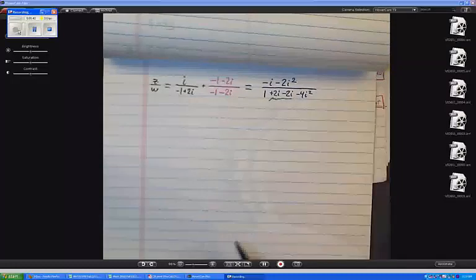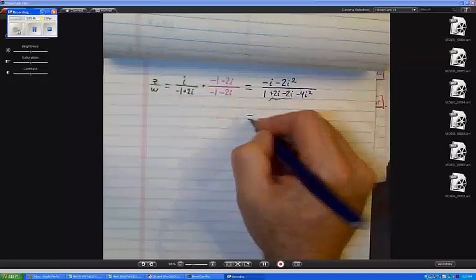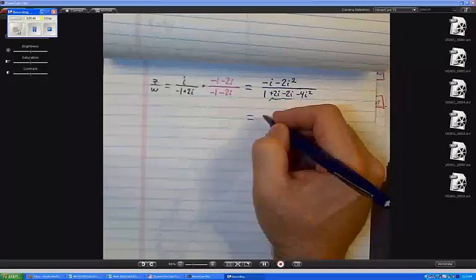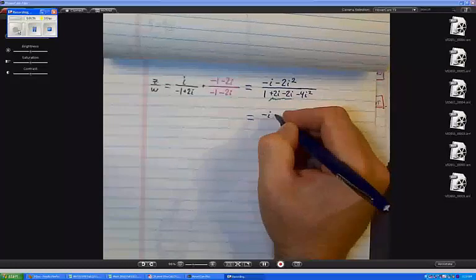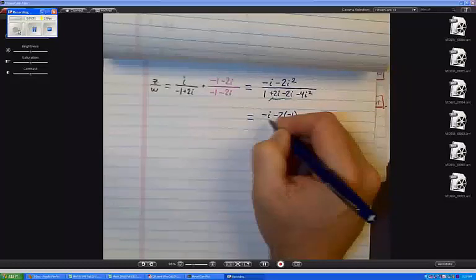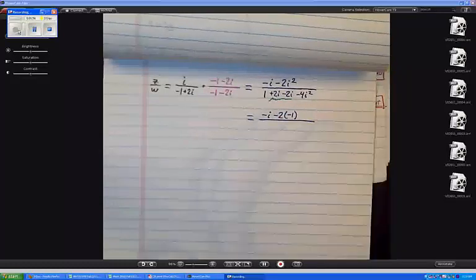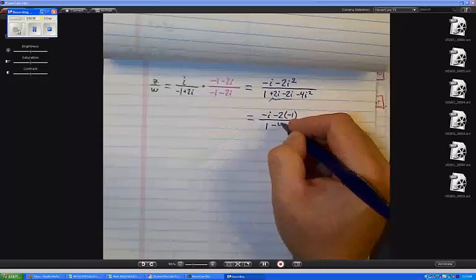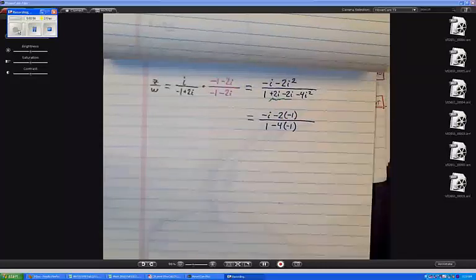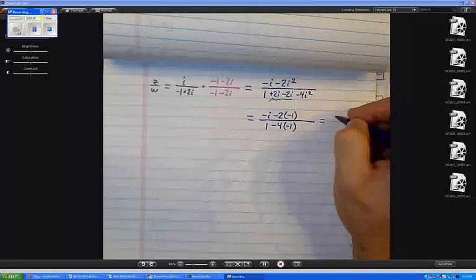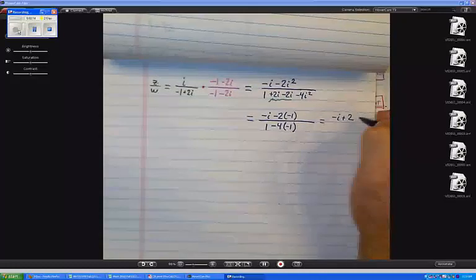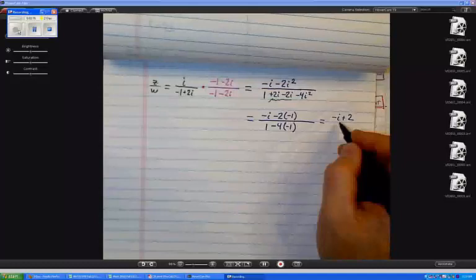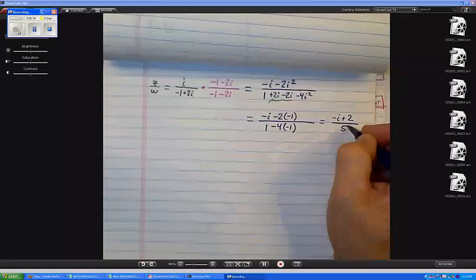Okay? So now I'm going to simplify. The numerator is negative I minus 2 times negative 1, and the denominator, I would write 1 minus 4 times negative 1. So this equals negative I plus 2 over 5.